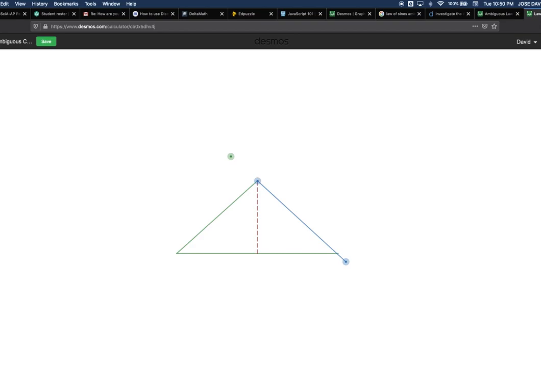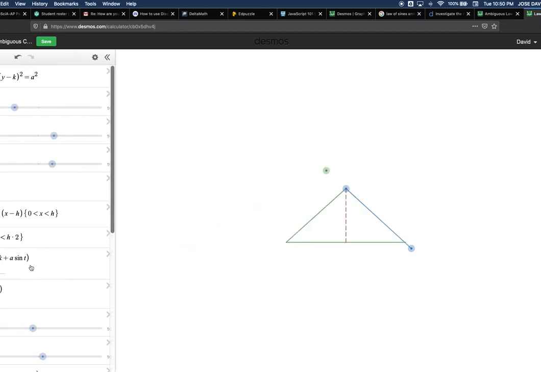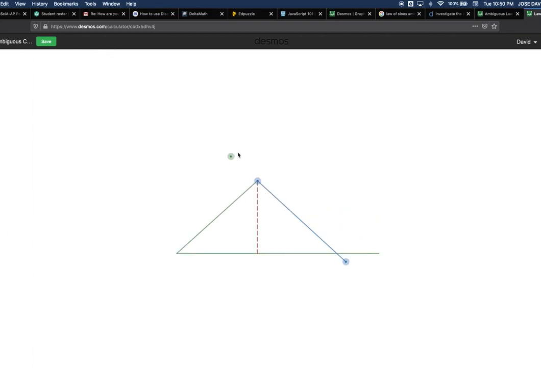It doesn't reach, so let me make that a little higher. There you go. If your side is bigger, even slightly bigger, then the only way you're going to have a triangle will be right over here. That'll be your triangle.